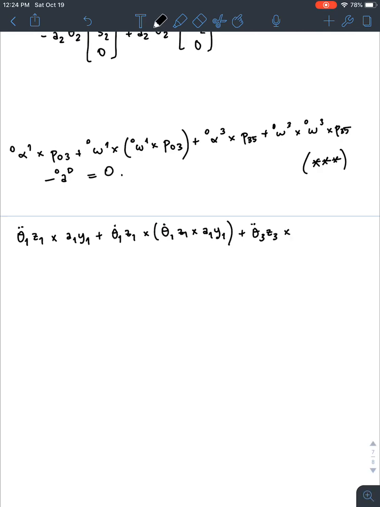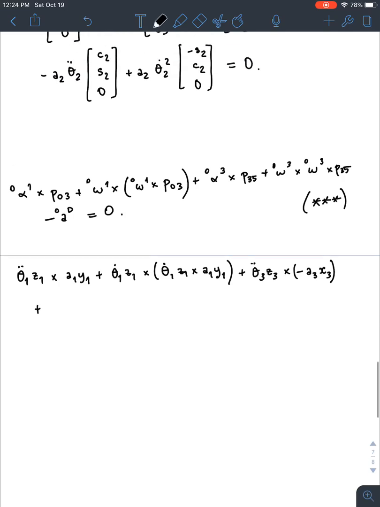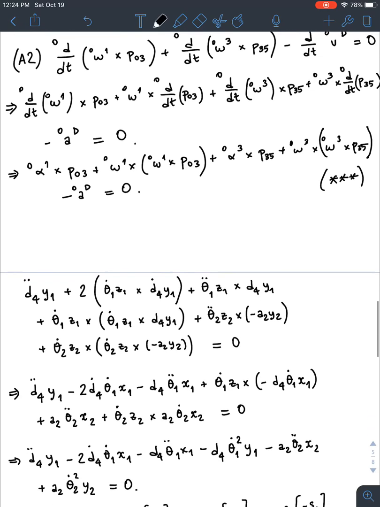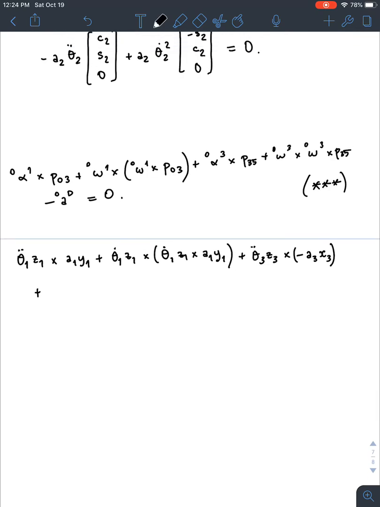Let's recall what p35 was. That is equal to negative a3 in the x3 direction. Plus, oh, whoa. Sorry, I definitely need a parenthesis here that I missed. Now I realize it because when I copied it over here, I saw it. This needs a parenthesis right here.